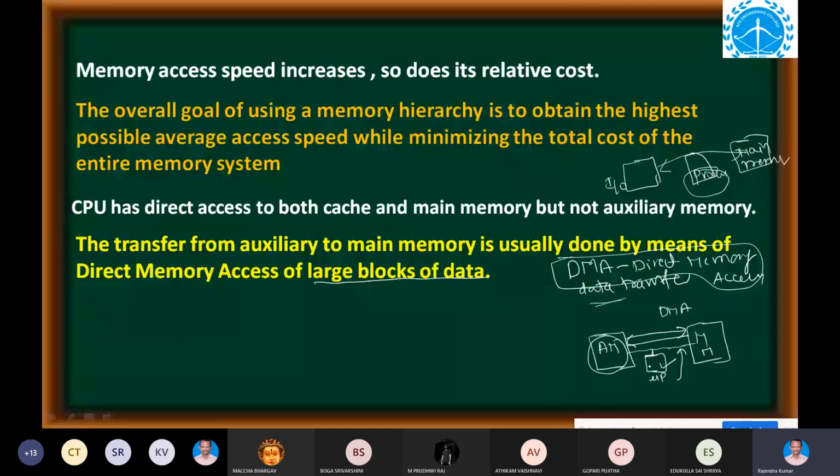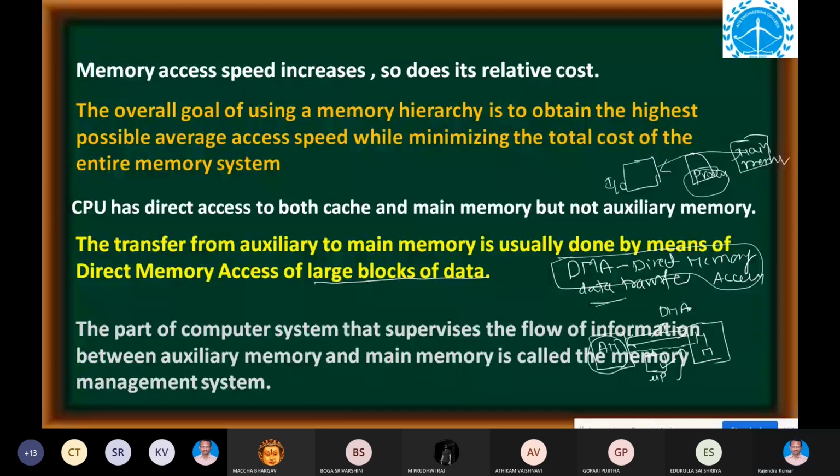What is the purpose of this processor? It will just initiate the data transfer. After that, the data transfer will take place by the bus here, so direct access of the memory is possible. The part of the computer system that supervises the flow of information between auxiliary memory and main memory is called a memory management system.